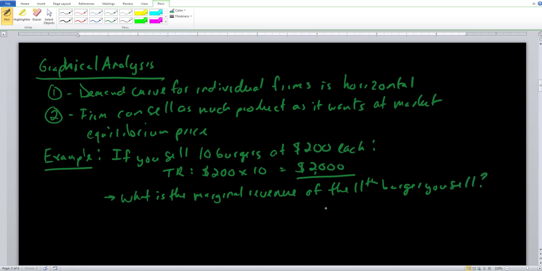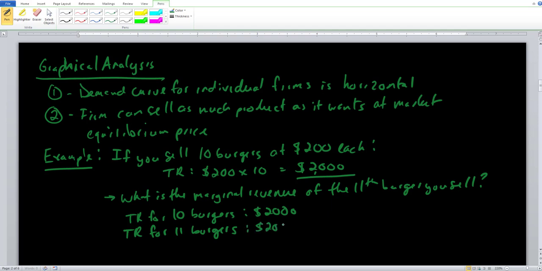Remember, in order to solve this, we can use the equation for marginal revenue: the change in total revenue divided by the change in quantity. We just figured out the total revenue for 10 burgers is $2,000. Price times quantity, very easy to figure out. The total revenue for 11 burgers, we use the same methodology: price times quantity, 11 burgers times $200.